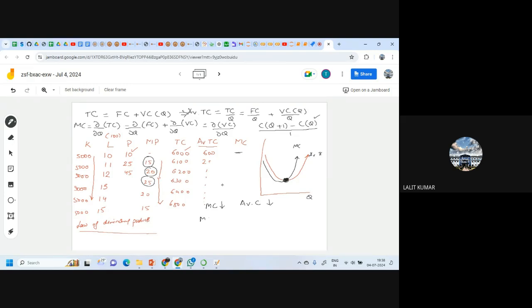And when marginal cost is above average cost, then average cost is increasing. So our ideal is here, this is the ideal quantity for me. I should produce only this many items with the resources I have, otherwise I am incurring loss.